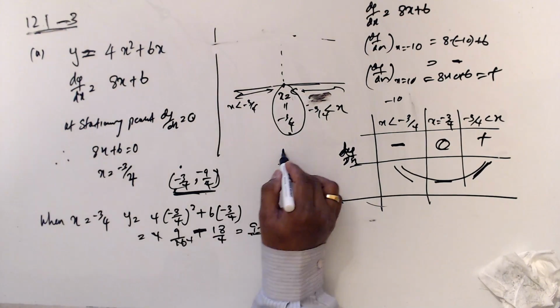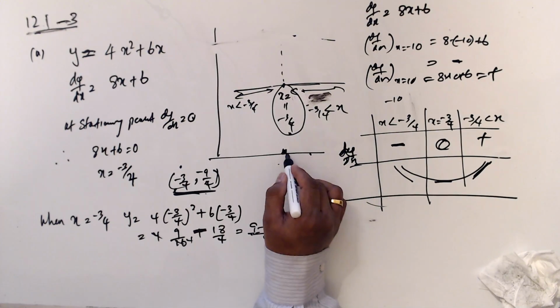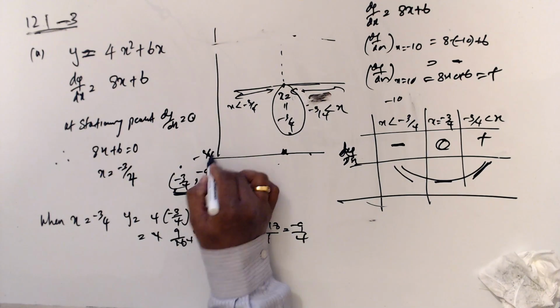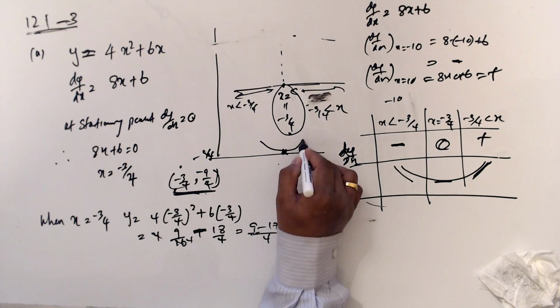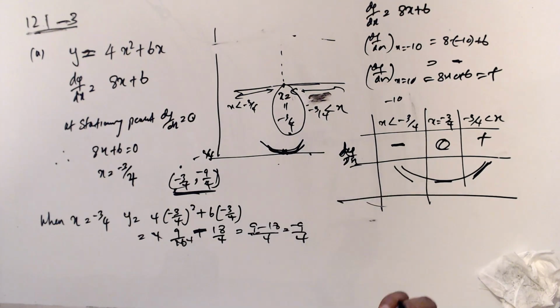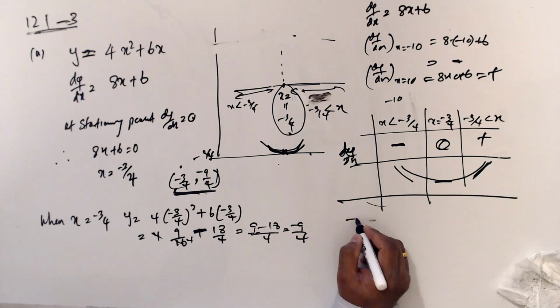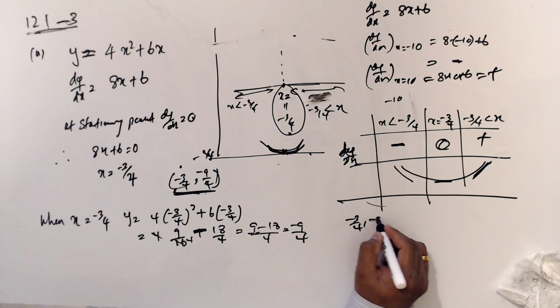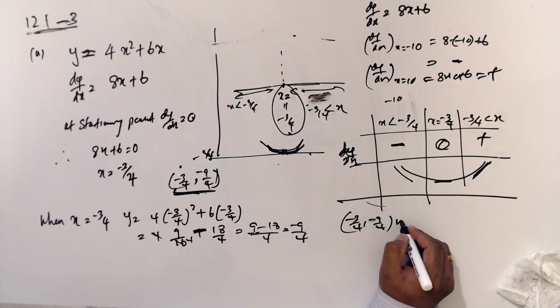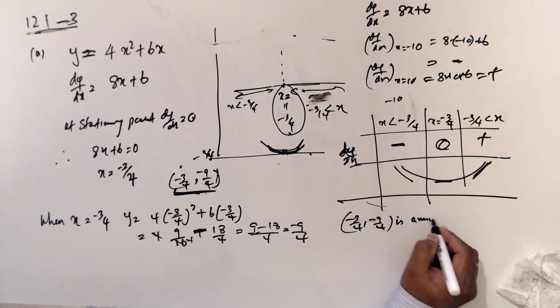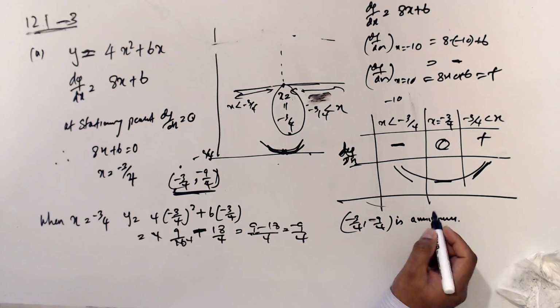So this is minus 9 over 4. So this is a minimum. So we can find that minus 3 over 4, minus 9 over 4 is a minimum. This is the first method.